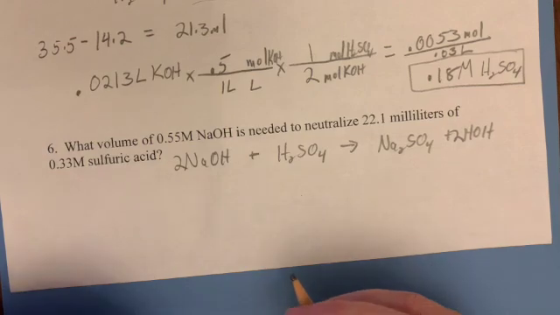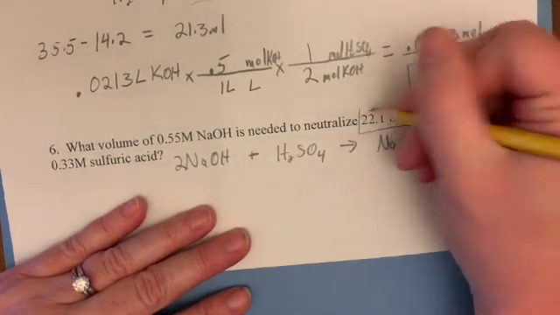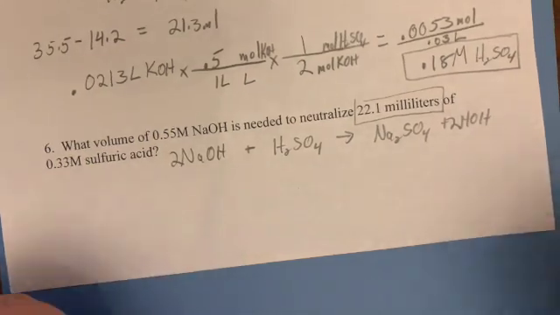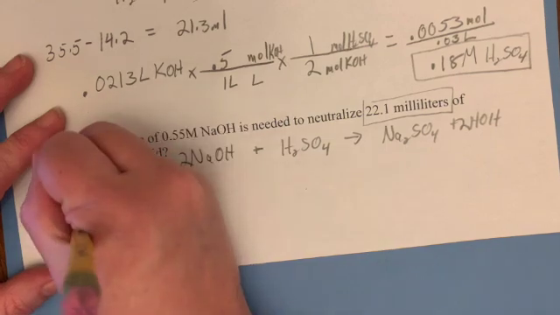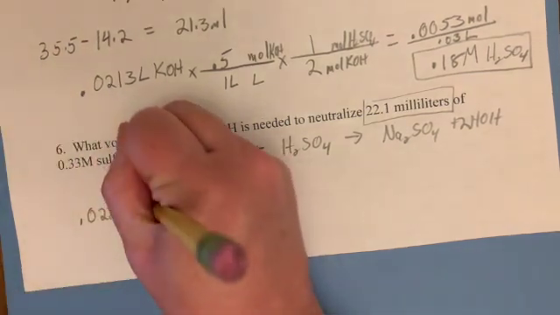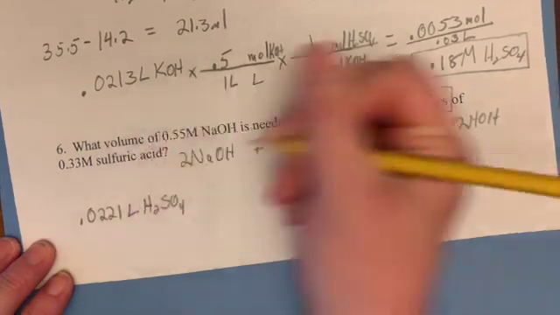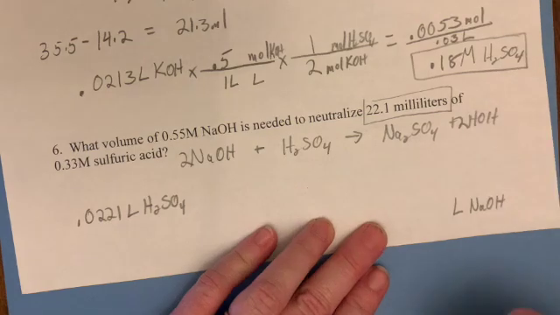Now the key to this problem is starting with your amount. Remember, an amount is going to be either in milliliters or it's going to be in grams. It's going to be a volume or a mass. And in this unit, it's going to be a volume. So I'm starting with 0.0221 liters of H2SO4. I am looking for liters of NaOH.